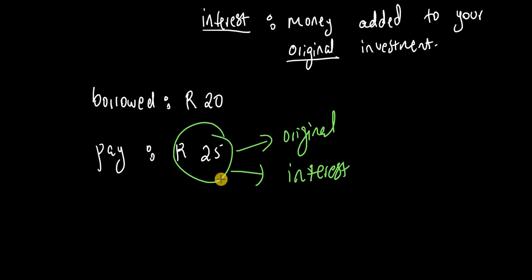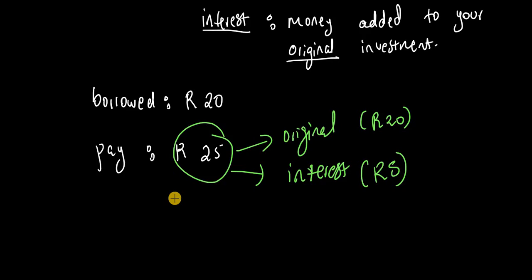The interest there will be 5 rands, because my original amount is 20 rands and the one you added on top was 5 rands. So the accumulated amount is the original plus the interest. I told you that the interest is 5 rands, in terms of money.